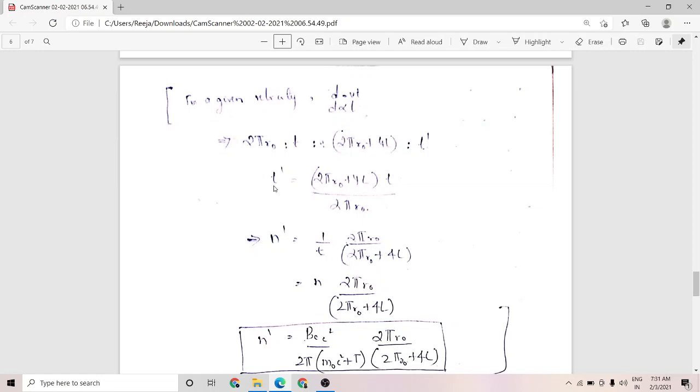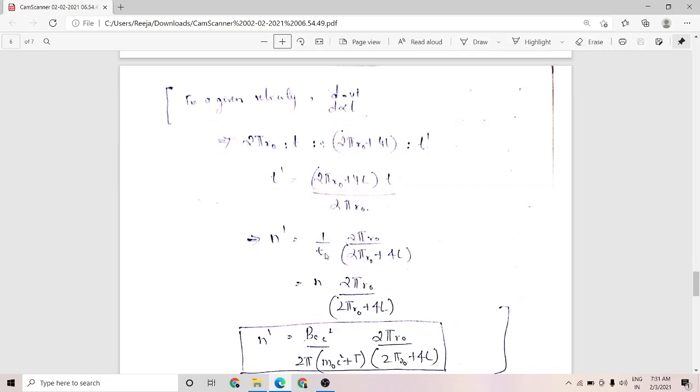So that t dash is equal to 2 pi r0 plus 4L by 2 pi r0 into t. We have simply followed ratio and proportion, so that the frequency will be given by its reciprocal. N dash is equal to 1 by t into 2 pi r0 by 2 pi r0 plus 4L.